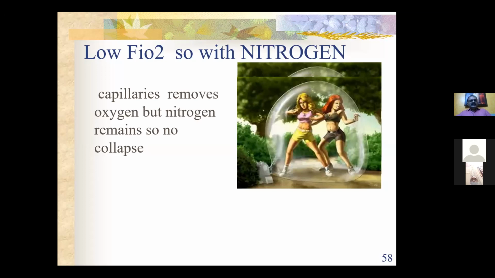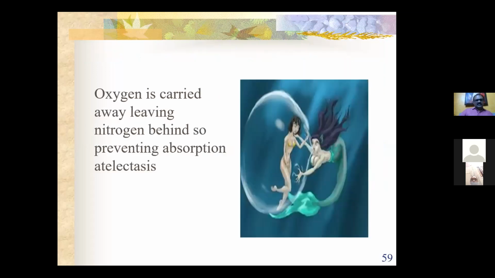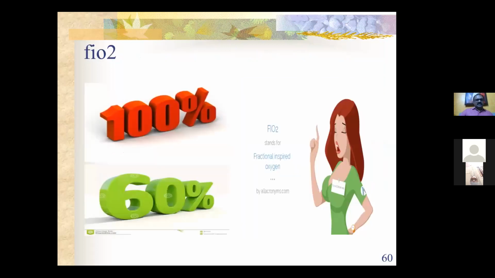So there will be nitrogen, and it will prevent the collapse of the alveoli. With the air mixture, the oxygen is carried away, leaving nitrogen behind, so preventing absorption atelectasis. So that's what we are saying.